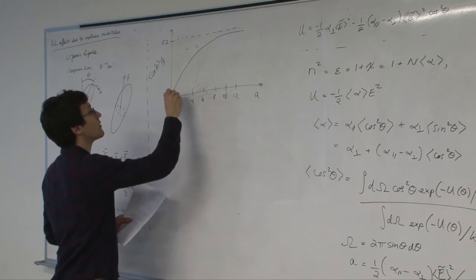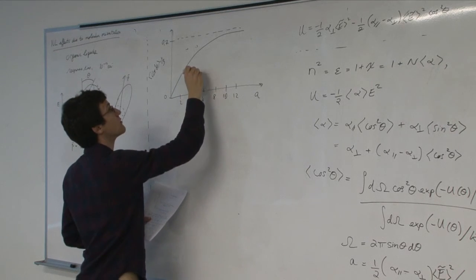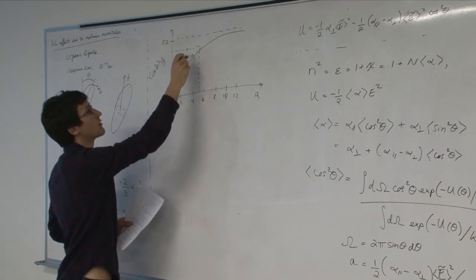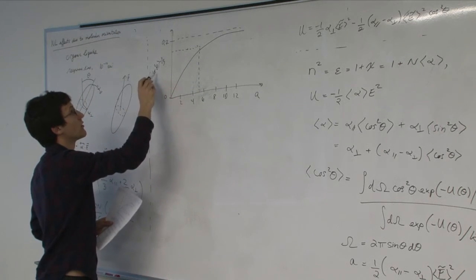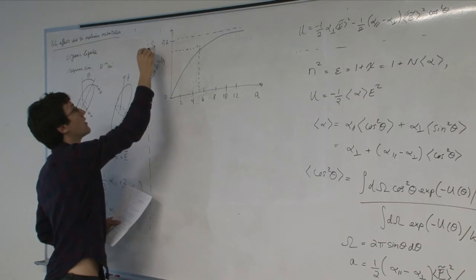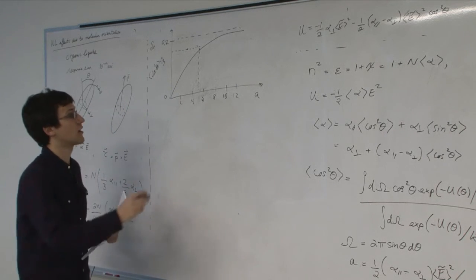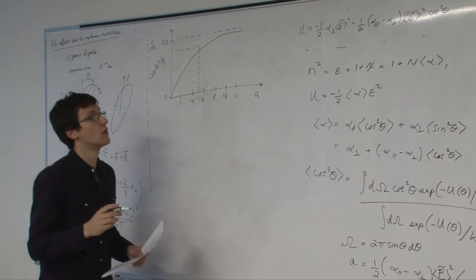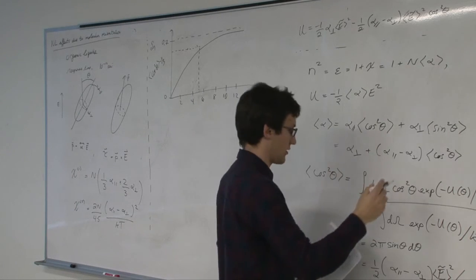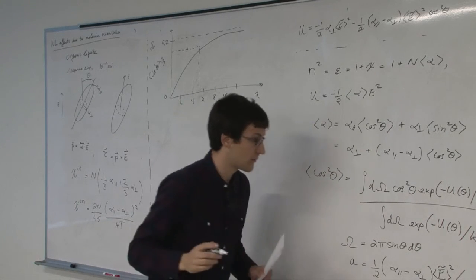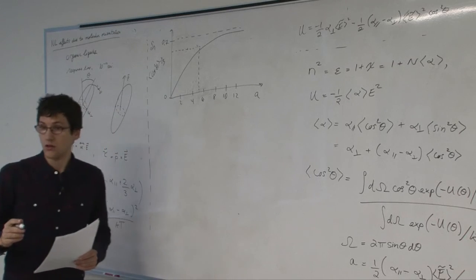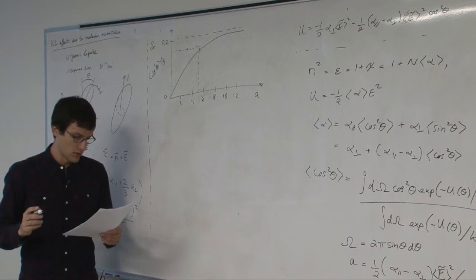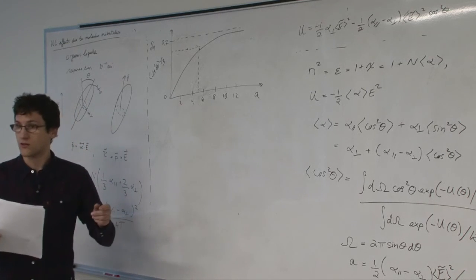We see that in this region, the increase of the dn, the change in the refractive index, grows linearly with A, and A, as we know, is proportional to the intensity of the field, or the time-averaged electric field squared. All right. So when you slowly increase, you have this.